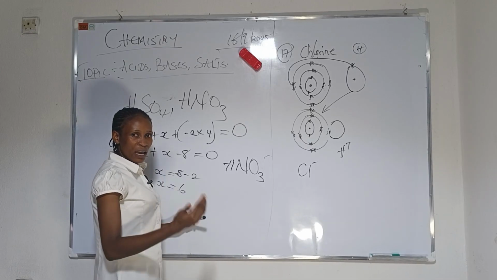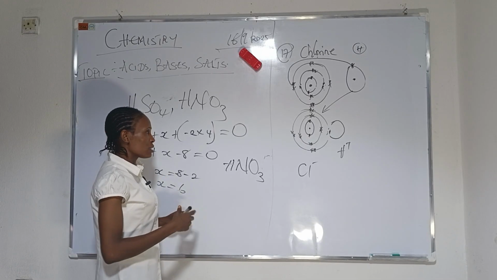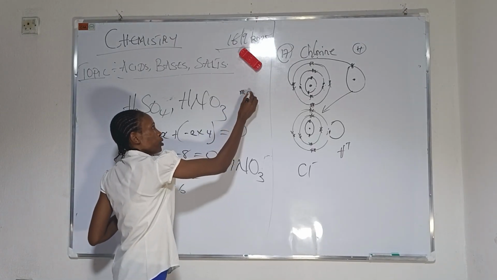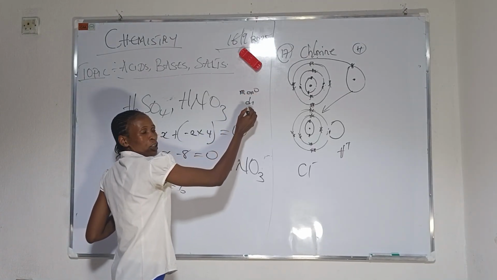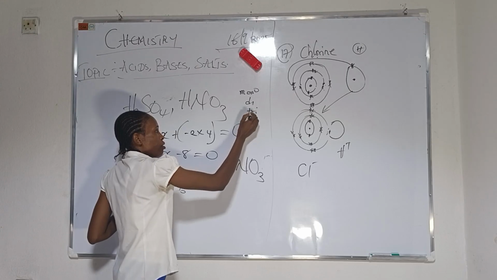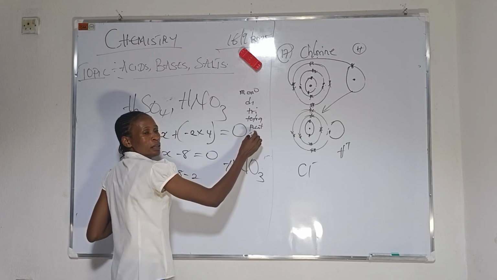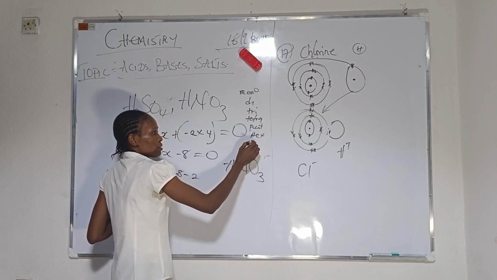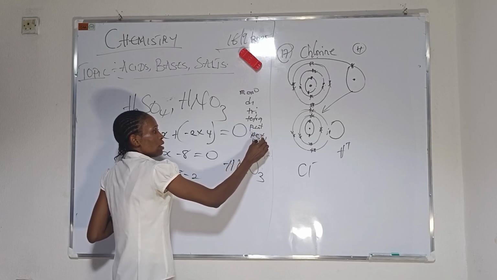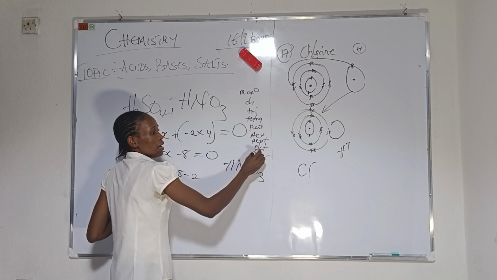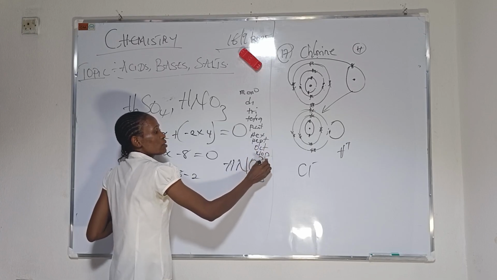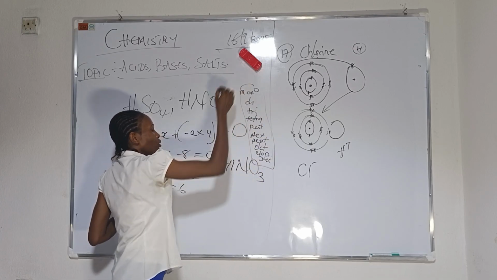Let's assume it's 5, that is when your penta comes in. Remember, 1 is mono, 2 is di, 3 tri, 4 tetra, 5 penta, 6 hexa, 7 hepta, 8 octa, 9 nona, and 10 what? Deca. So that's by the way.